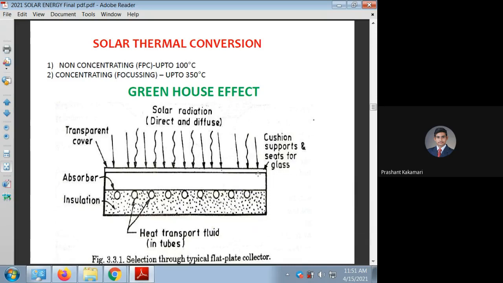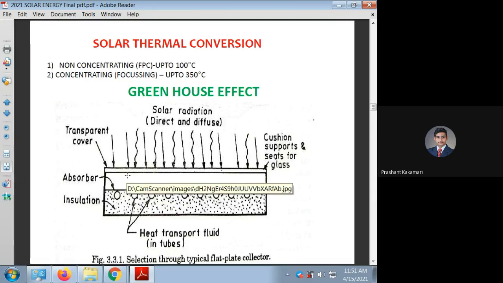And above this, one or two glass covers will be kept so that dust particles falling on the absorber plate will be reduced. Also, the reflected radiations from the absorber plate, which can go outside the glass covers, can be reduced. And these glass or plastic covers, which are transparent in nature, will be transferring the solar radiations inside.